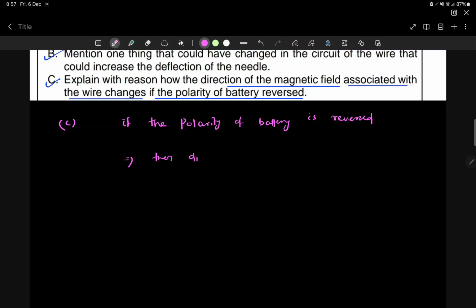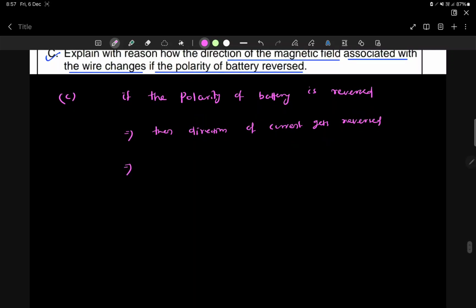The direction of current gets reversed. When polarity gets reversed, the direction of current is also reversed, which implies the direction of magnetic field also gets reversed.